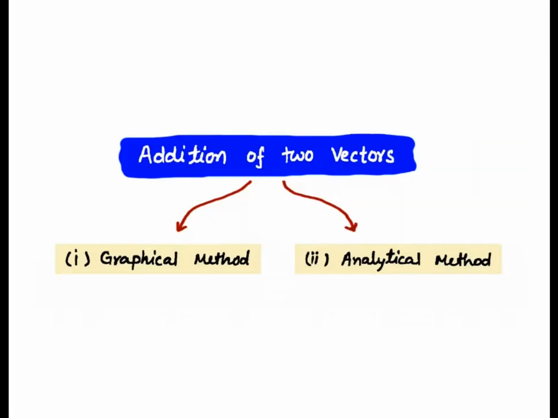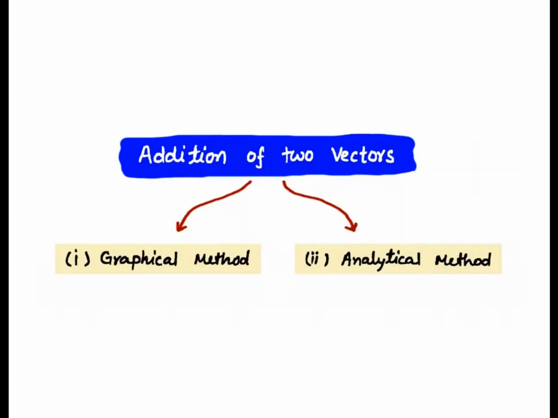And as we know, vectors have both magnitude and direction, and so they cannot be added by ordinary rules of algebra. So we need to apply the vector rules of algebra.